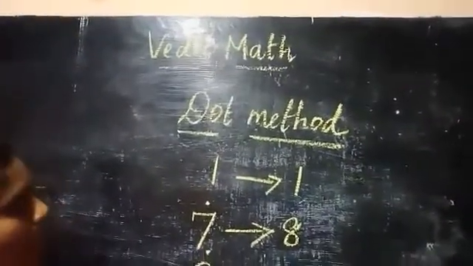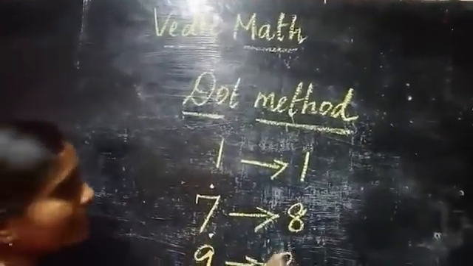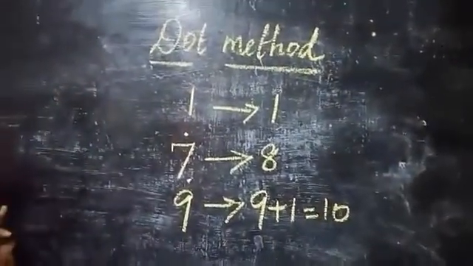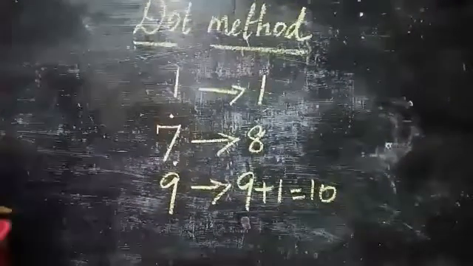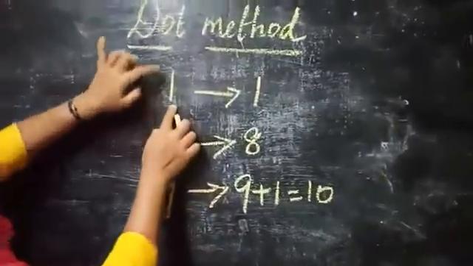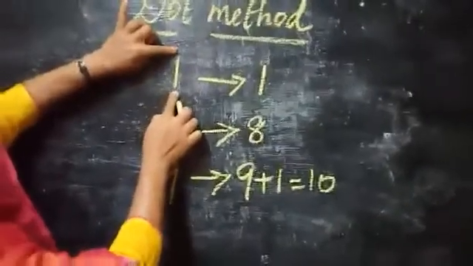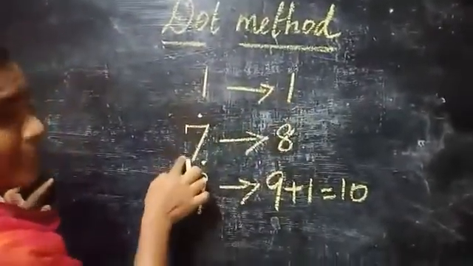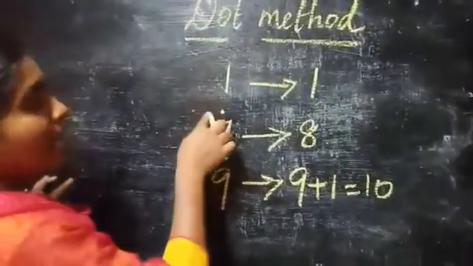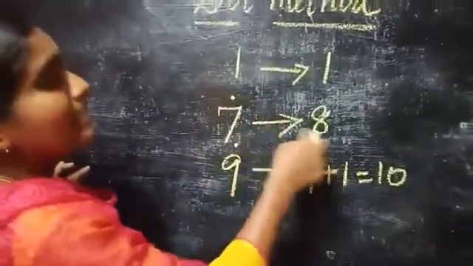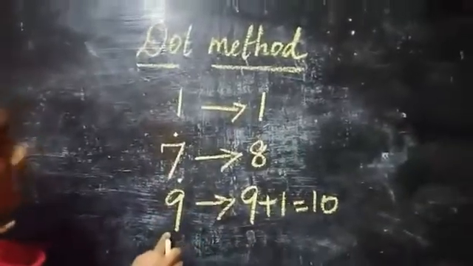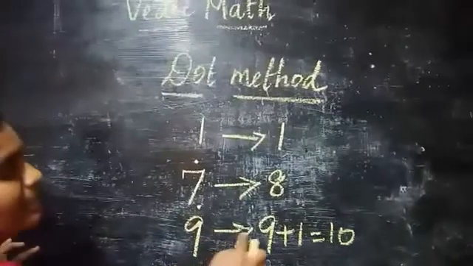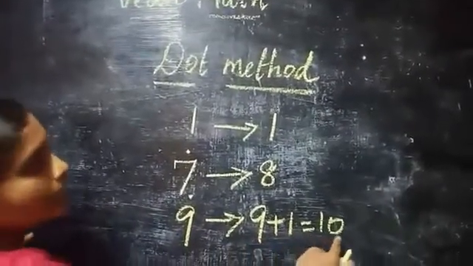It means 9 plus 1, that is 10. Can you understand? On the 1, I have not kept any dot, so it is called 1. Here I have written 7 and on top of 7 I have placed a dot. It means 8. Here I have 9, and on top of 9 I have kept a dot. It means 9 plus 1, that is equal to 10.